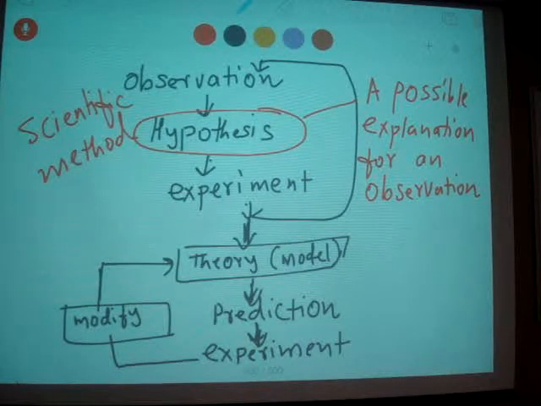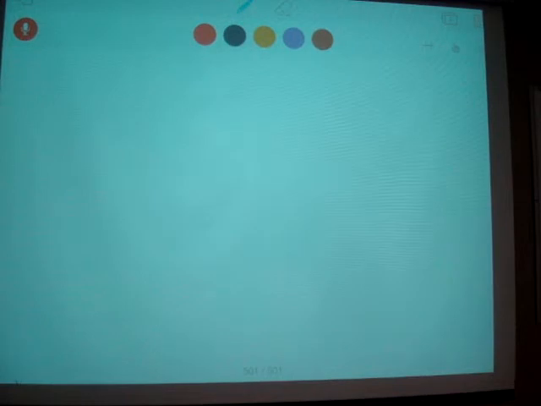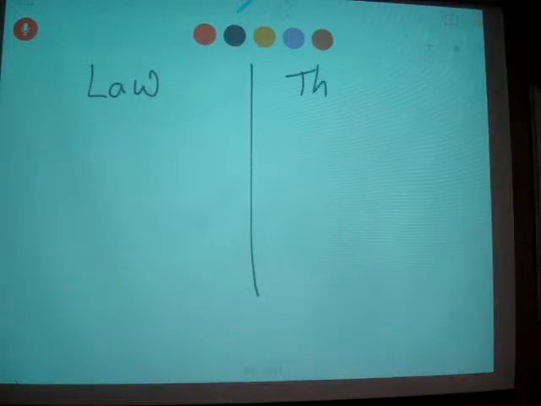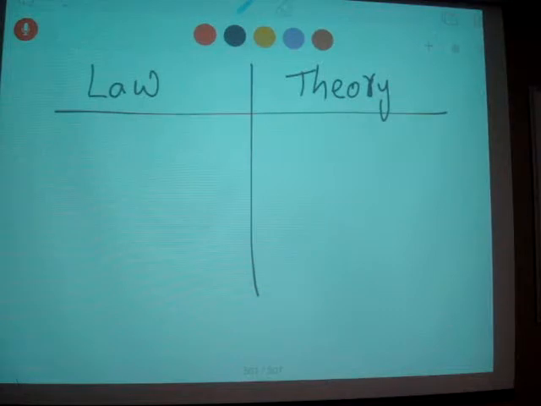So I'm going to define what's the difference between law and theory. Okay. So law is measurable behavior.